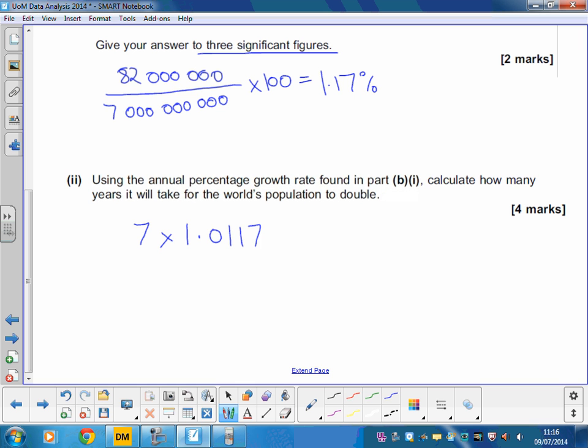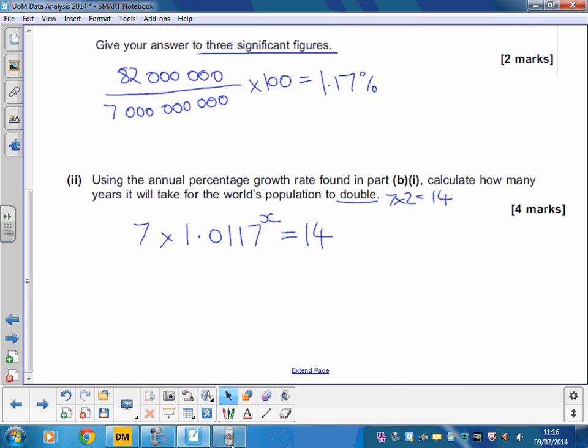Now, we don't know how many years we're going to do that for, so I'm going to call that x. So we need to grow by 1.17% x times. Now that must equal, we want it to double. So 7 times 2 is 14, so we want that to equal 14.